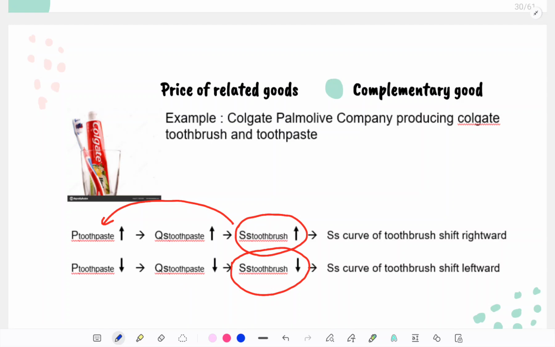With the assumption that the price of toothbrush is unchanged, the supply is decreased because of the decrease in the price of toothpaste. The decrease in toothbrush supply will shift the toothbrush curve leftwards.